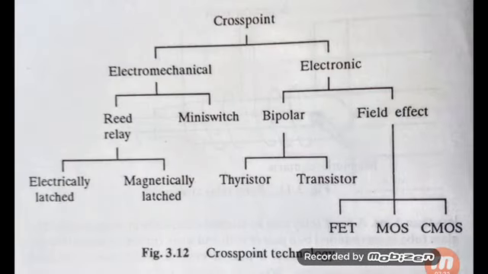Electromechanical crosspoints are extensively used even today. They are capable of switching, making and breaking contacts in 1 to 10 milliseconds, and several million times without wear or adjustment.